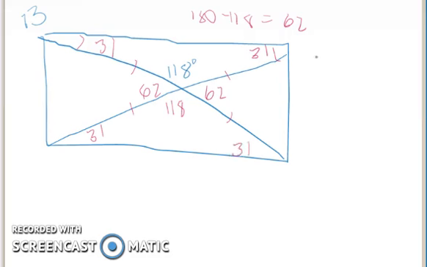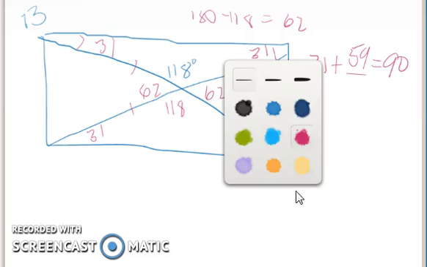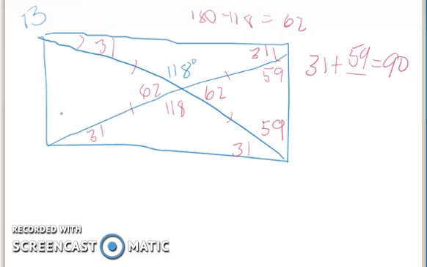This is a 90-degree angle, so it should be 31 plus something equals 90. And that something would be 59. 59, 59, their base angles are congruent. All of our base angles are congruent.